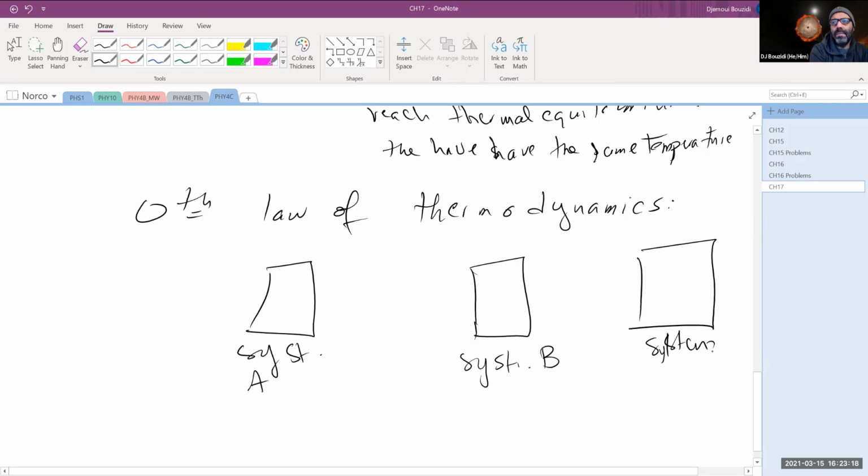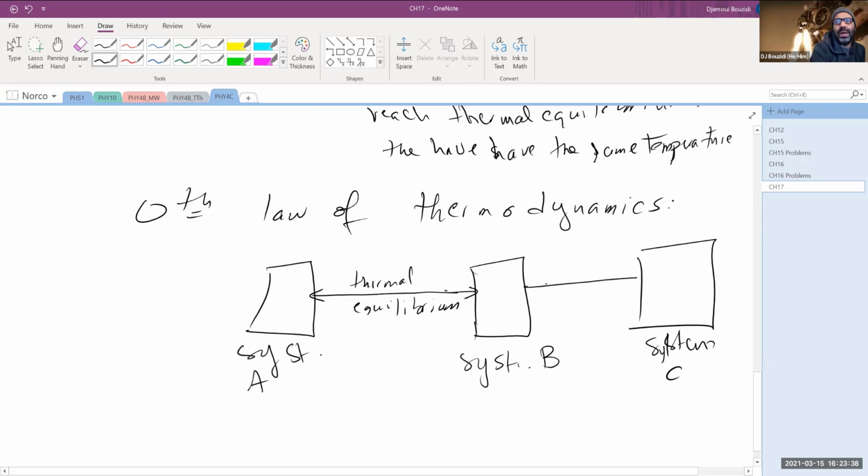Let's assume that system A and system B were in contact and have reached thermal equilibrium. So they are in thermal equilibrium. Let's also assume that system B and system C have been in thermal contact, and too, they have reached their thermal equilibrium.